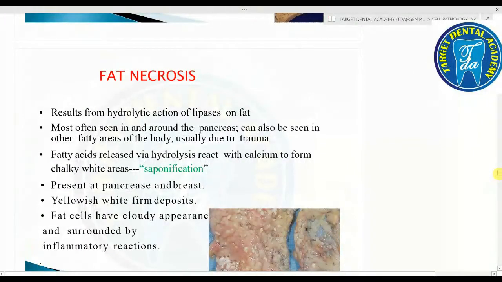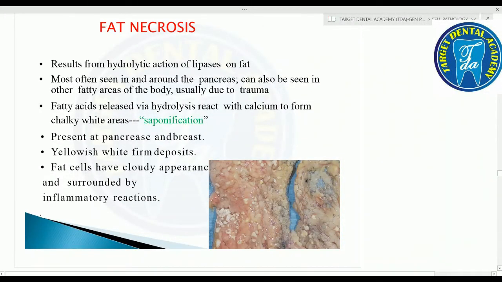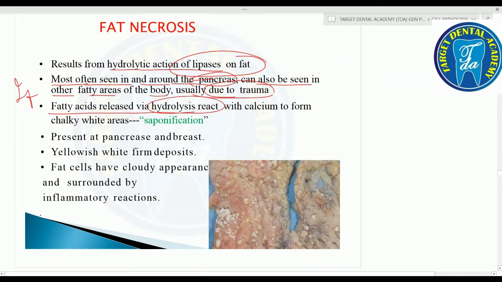Next is fat necrosis. It results from the hydrolytic action of lipases on the fat. It is most often seen in and around the pancreas, important, and can also be seen in other fatty areas of the body, usually due to trauma. In this, the fatty acid is released via a hydrolysis reaction with calcium to form chalky white areas, which is called saponification.